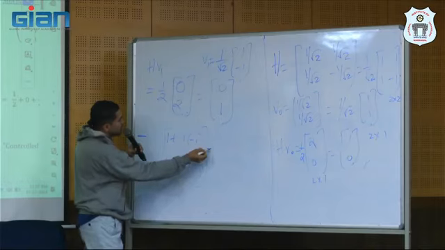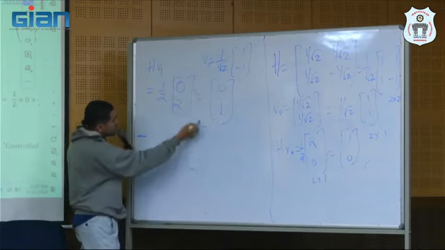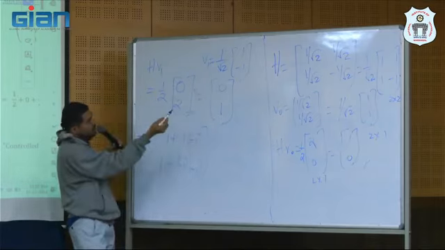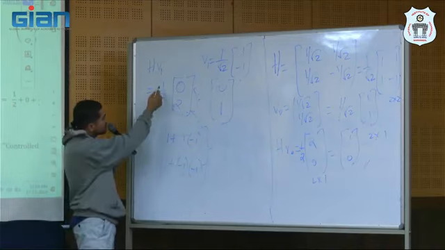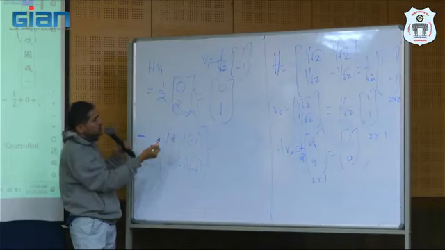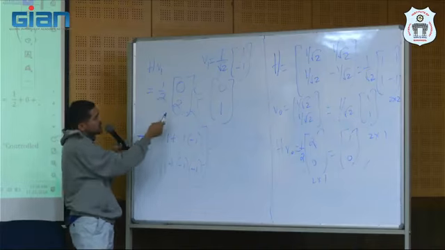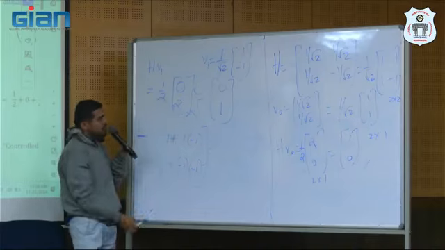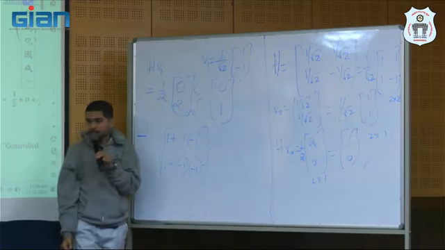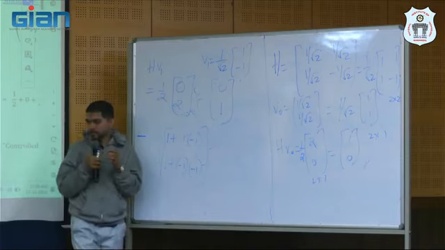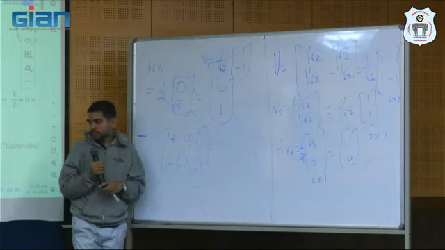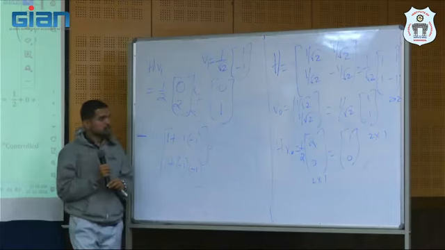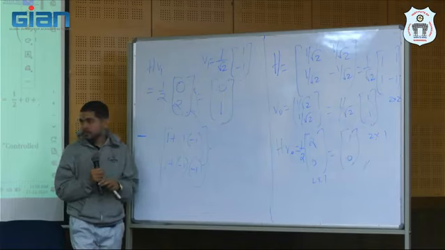So this will be 0 and this will be 2. And we have those scalars outside, 1 by root 2 and 1 by root 2 here. So 1 by 2 times 0, 2. Like the previous case, we can scale both the elements and we get simplified 0, 1. Is it clear? Any question? Please ask if you have any question. Clear?